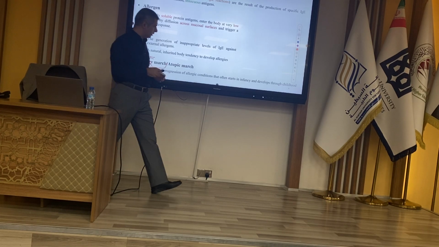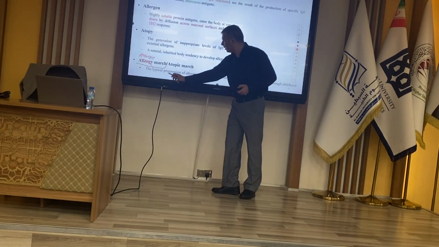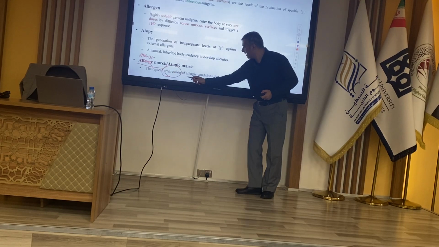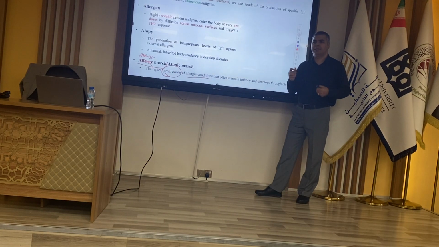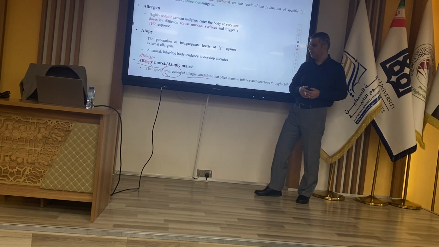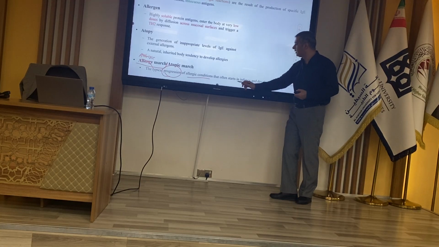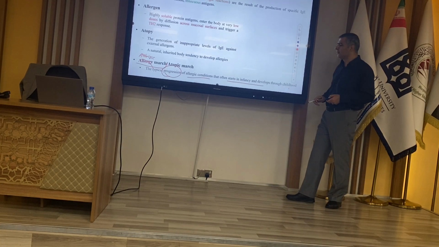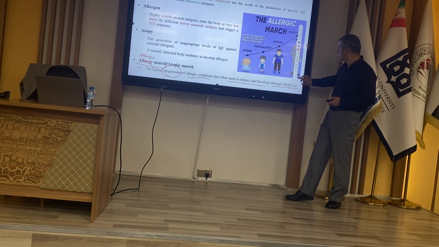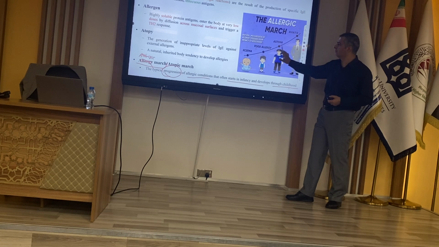What does that mean? It means a typical progression of allergic conditions, different allergic manifestations, that often begins from after birth, from infancy, and develops through childhood. You can see here, this is about 1%.